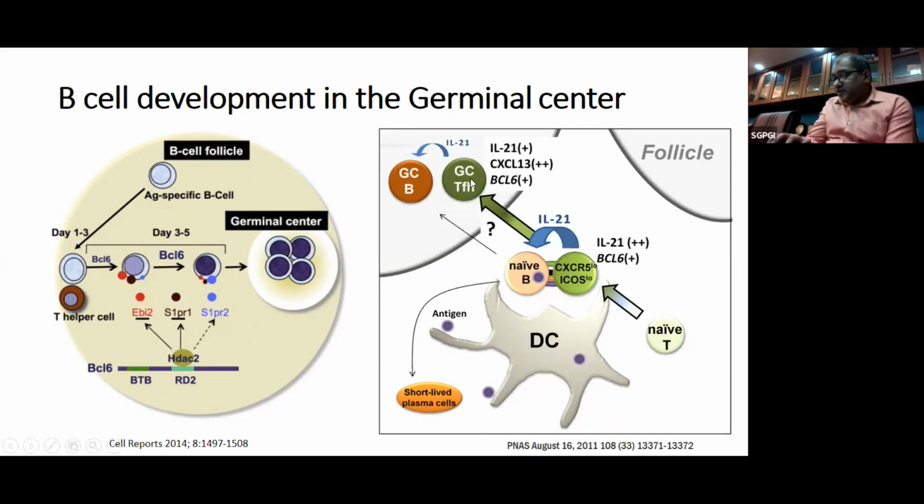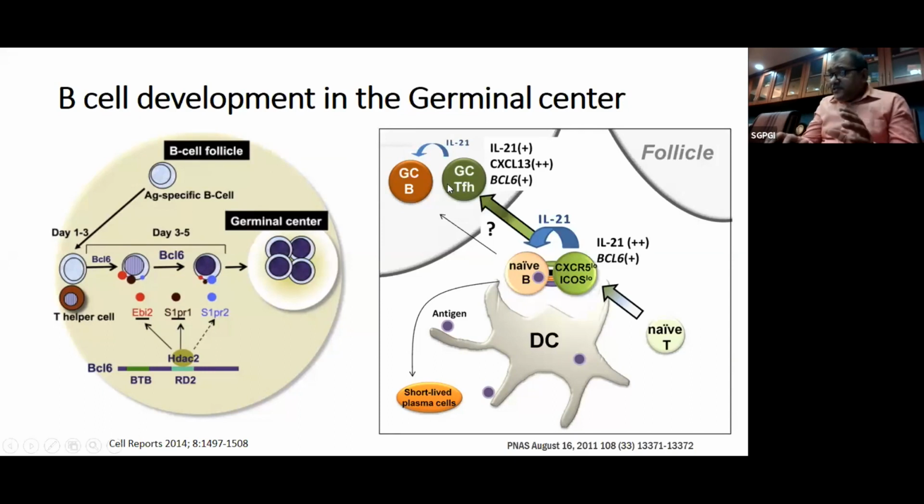So when these BCL6 positive T cells give help to the BCL6 positive B cell, these B cells become long-lived. They convert into long-lived plasmablasts, which secrete high-quality, high-affinity antibodies.